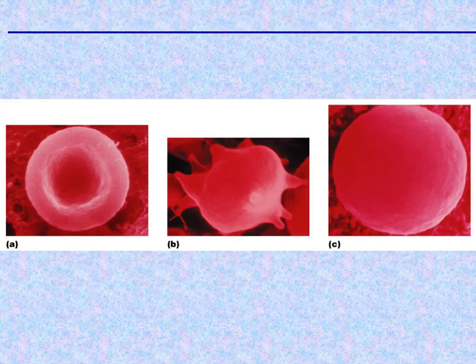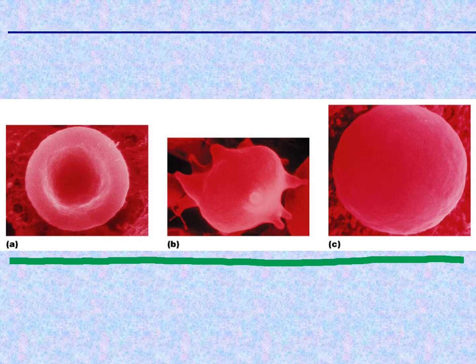This is an example, three images of red blood cells showing what goes on. One is a red blood cell in an isotonic solution, this one, and so it retains its normal shape.